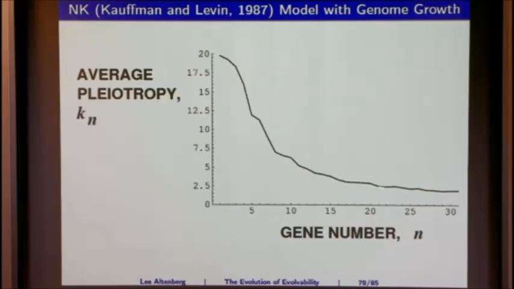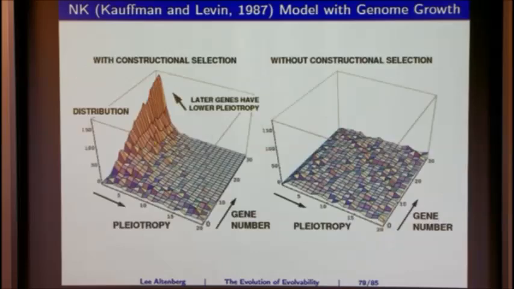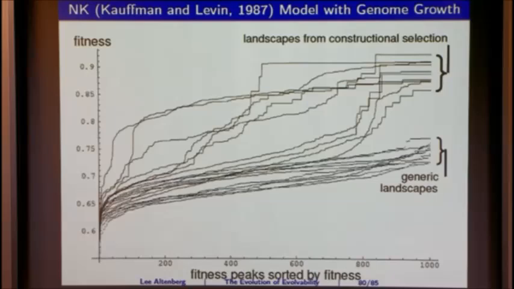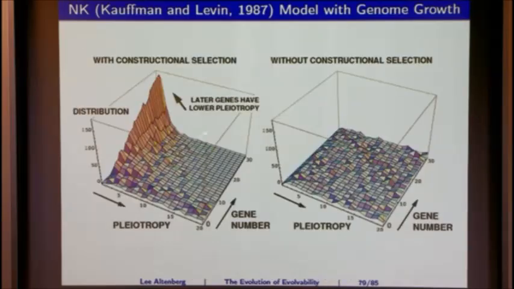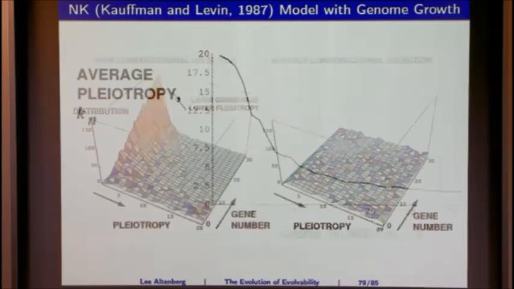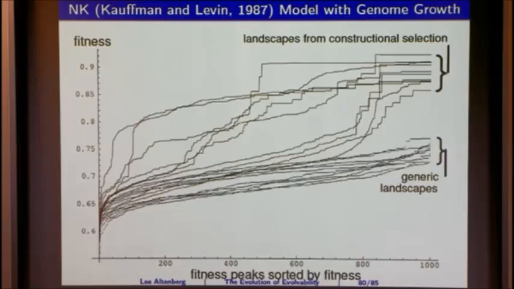And so you can actually look at the distribution. So here's the random sample that we're sampling from, but here it is in the actual genome that evolves through this process. And here, if you look at the landscapes from this process, you see even more remarkable properties. So what we've done is taken the landscape, taken these genotypes that evolved, and then done a random initial search, started them randomly and let them evolve to a fitness peak.